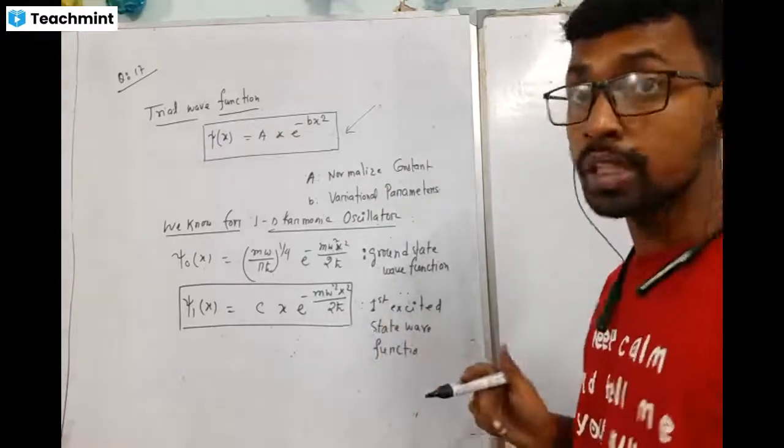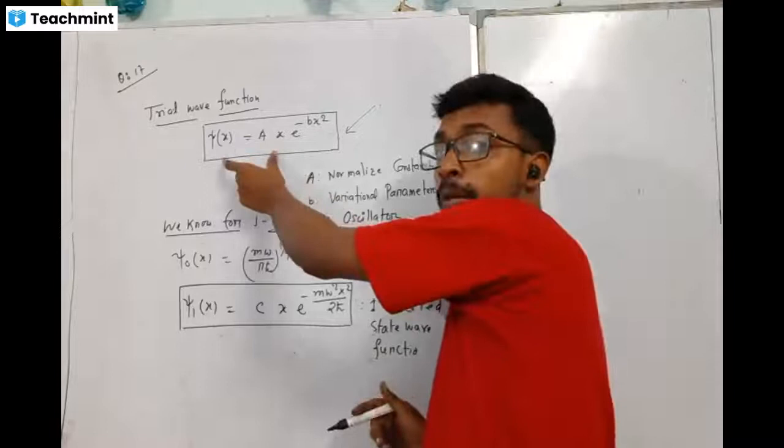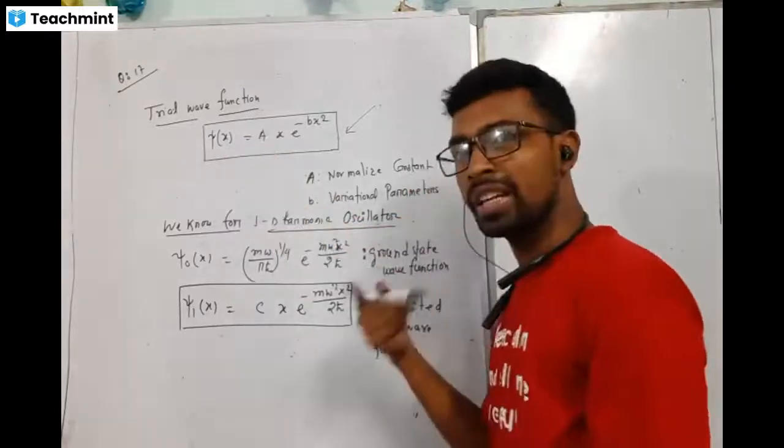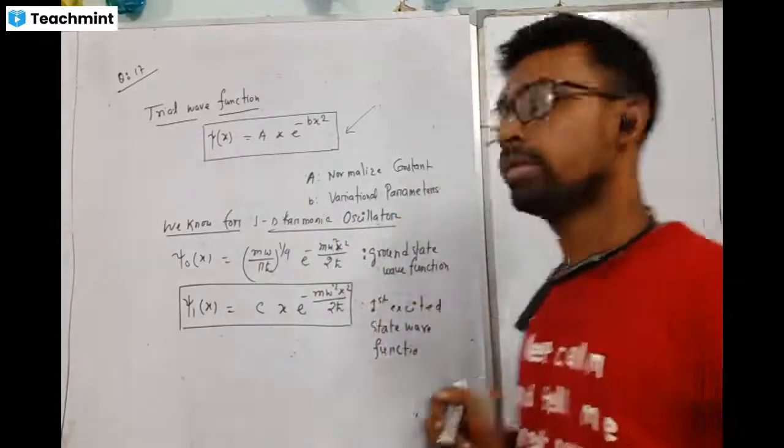So basically आपको जो एनर्जी फाइंड करना है इस ट्रायल वेव फंक्शन के रिस्पेक्ट में, आपको हार्मोनिक ऑसिलेटर के फर्स्ट एक्साइटेड स्टेट के लिए फाइंड करना है.